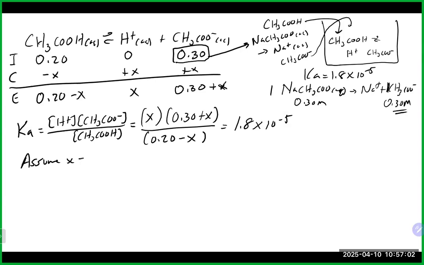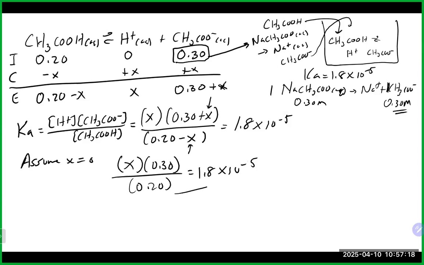We've had pretty good luck. So once again, we're going to get rid of these x's here, where we're subtracting or adding. That will get us x times 0.3 divided by 0.2 equals 1.8 times 10 to the minus 5. Again, we're going to multiply and then divide the 0.3 to the other side.